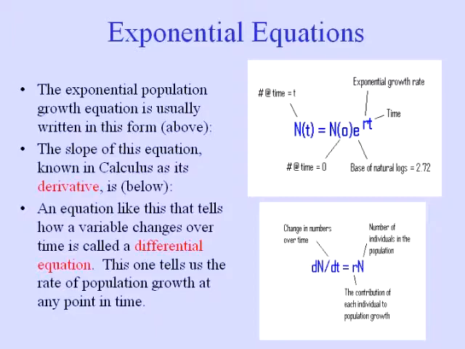So N sub t refers to the number of individuals present in a population at some particular time, and we can call that time t. The number at some point in time is going to equal the number of individuals in the starting population at time 0, so N sub 0, times e, which is the base of natural logarithms, and which by definition is 2.72.